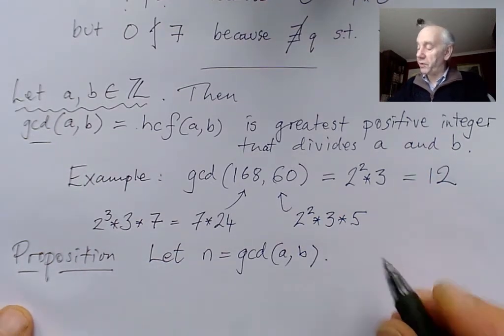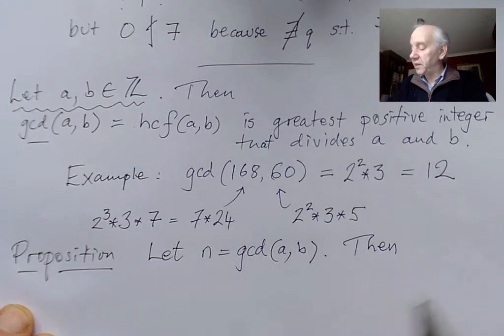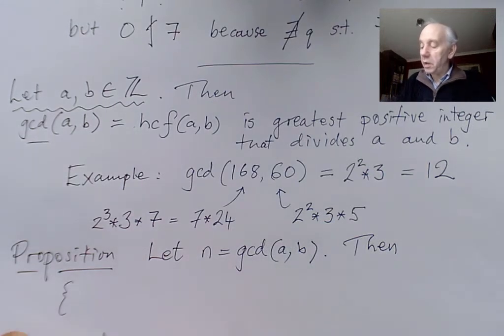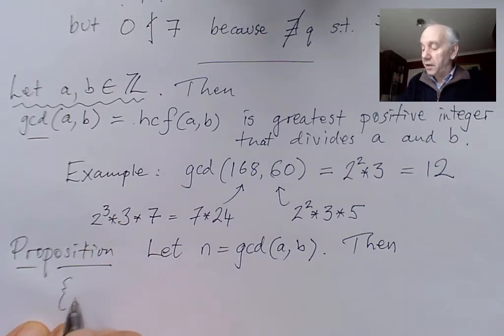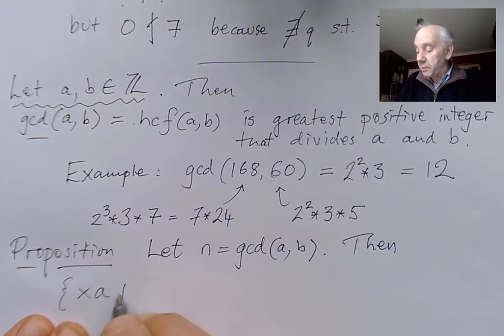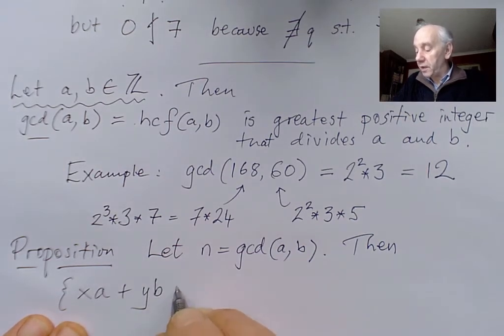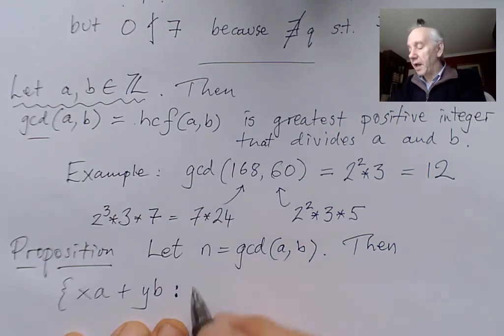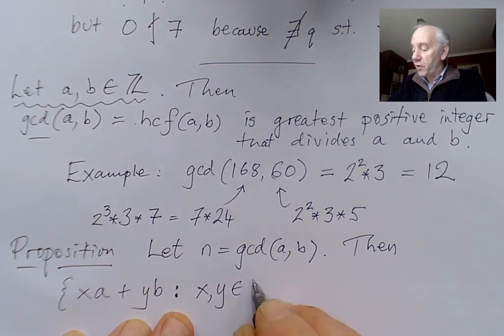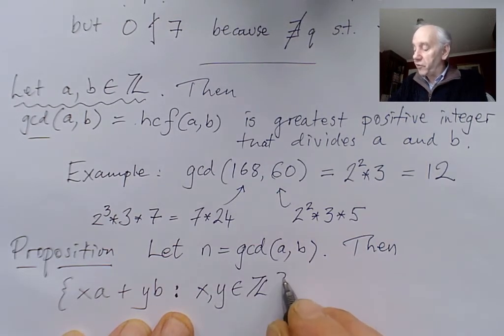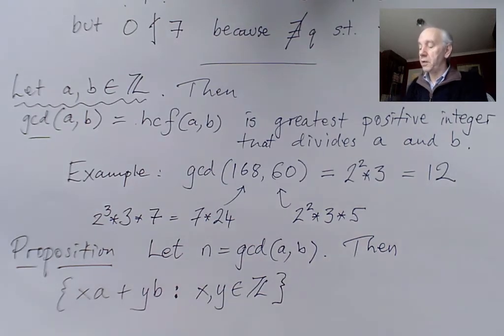Then the proposition tells me that if I take the set consisting of linear combinations of a and b, but with integers, so x times a plus y times b, where a and b are fixed but x and y can be any integers, so that's an infinite set.